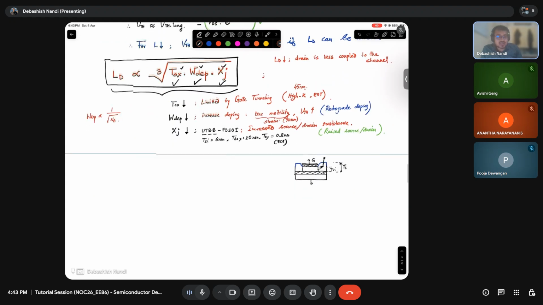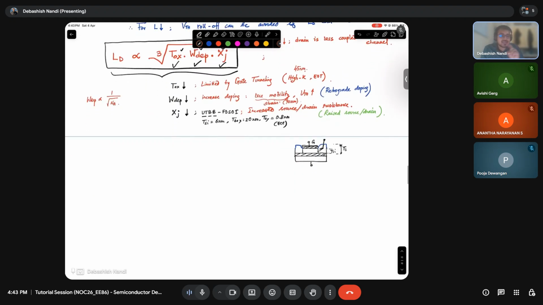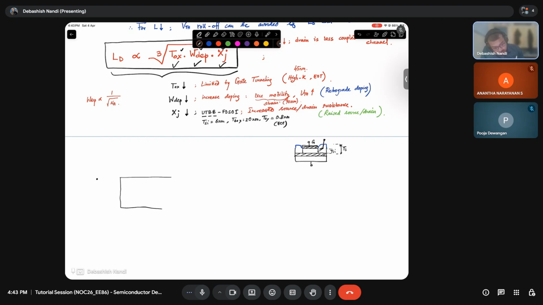So this is what DIBL is. But another very interesting thing, let's say you have reduced your source and drain junction and everything. Now, remember what we were doing so far? The band diagram or EC, whatever we are drawing, is at just the interface. That means drain, this is source.